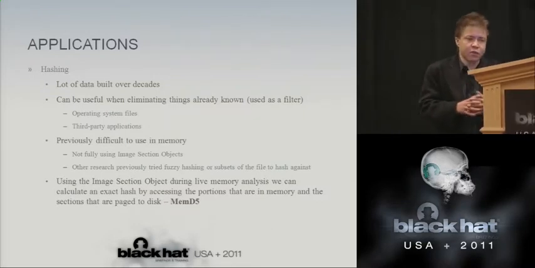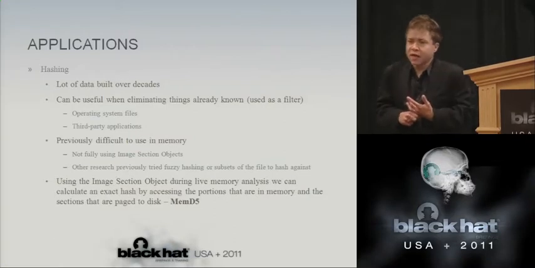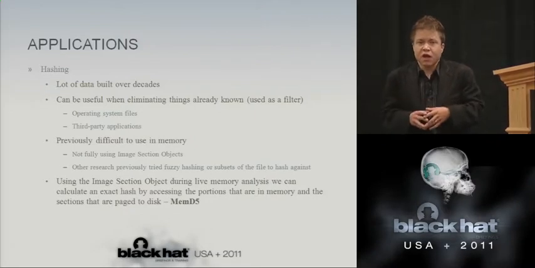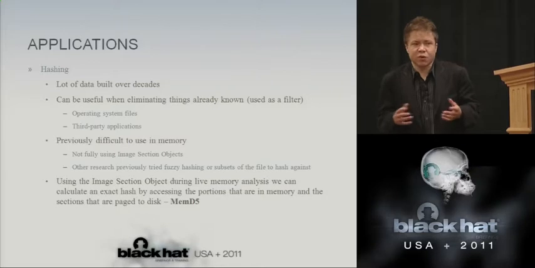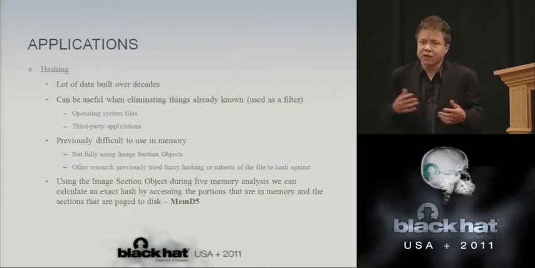Now, that has a few problems. One is that we don't have the historical data, right? So, yes, hashing pieces of files is good. Fuzzy hashing is good. You could consider it a kind of subset of that. But we don't have the historical data. No one's really standardized upon a fuzzy hashing method.